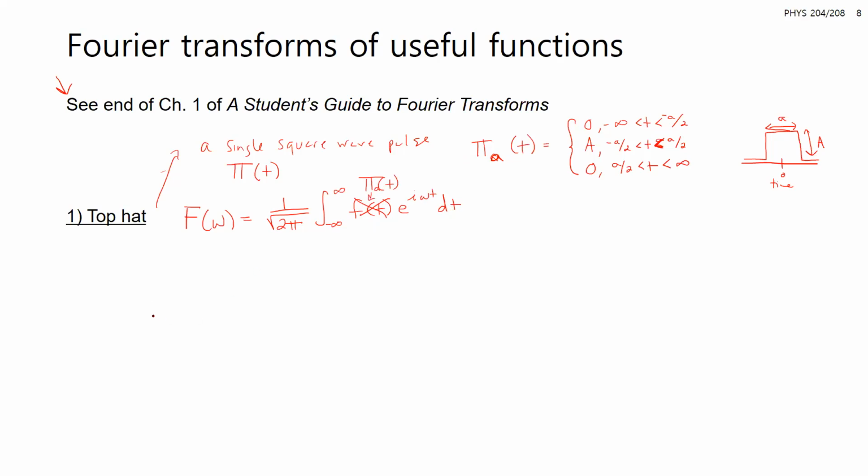So if we apply this and look at the properties here, we can change the limits of our integral. That's the first thing that we can do. So I'm going to have 1 over the square root of 2 pi. The function is equal to 0 everywhere except from negative a over 2 to positive a over 2, so we can simplify that out.